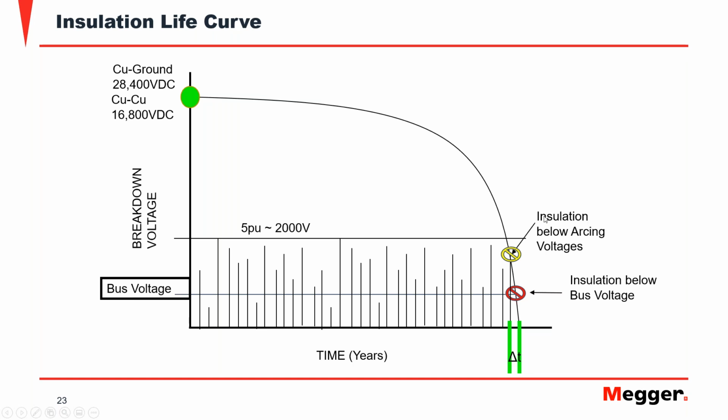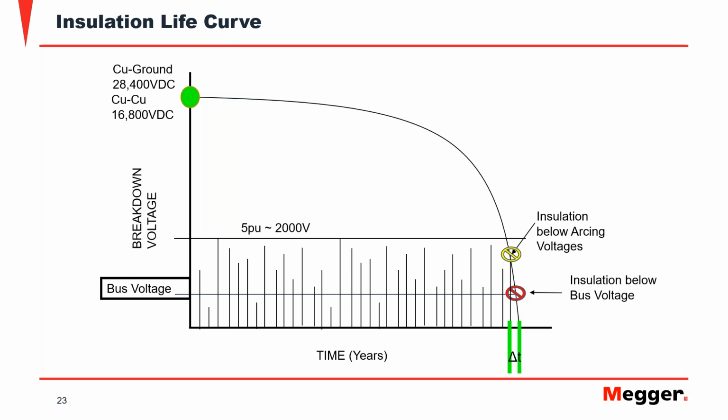Remember this number that I have here represented as delta T. It's the difference in time between the moment when the insulation went below the arcing voltages and the time when the insulation finally failed.